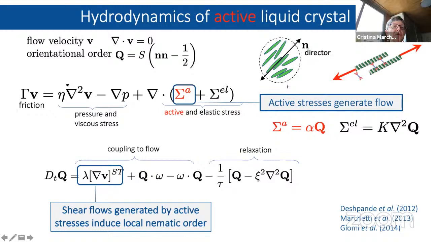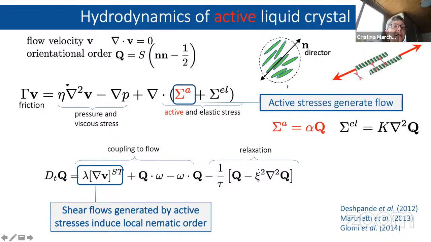Then we have an equation for the dynamics of the order parameter Q that essentially says that the rate of change of Q is determined by relaxation. Q relaxes with some time scale, and this psi squared is proportional to the stiffness K, the length scale over which the order parameter is deformed spatially.